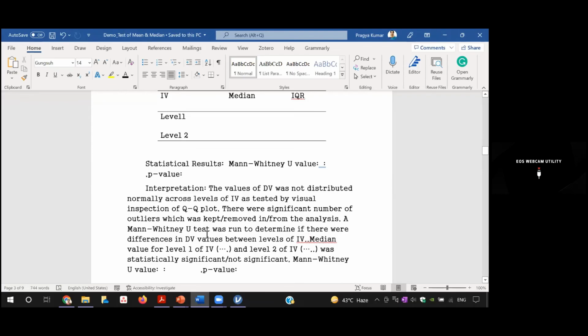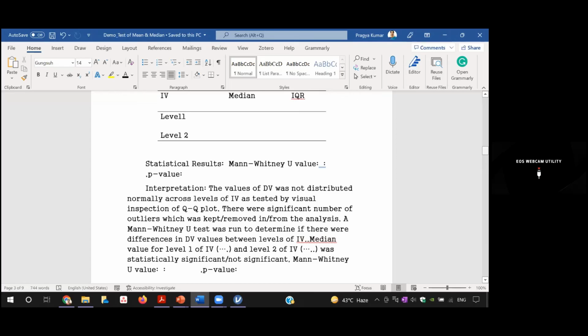So the median value for the first dependent variable for the first level of the independent variable was this. For example, for LDH, you can write that the value of LDH in smokers was this, and in non-smokers was this, the median value, which was statistically significant or not significant.